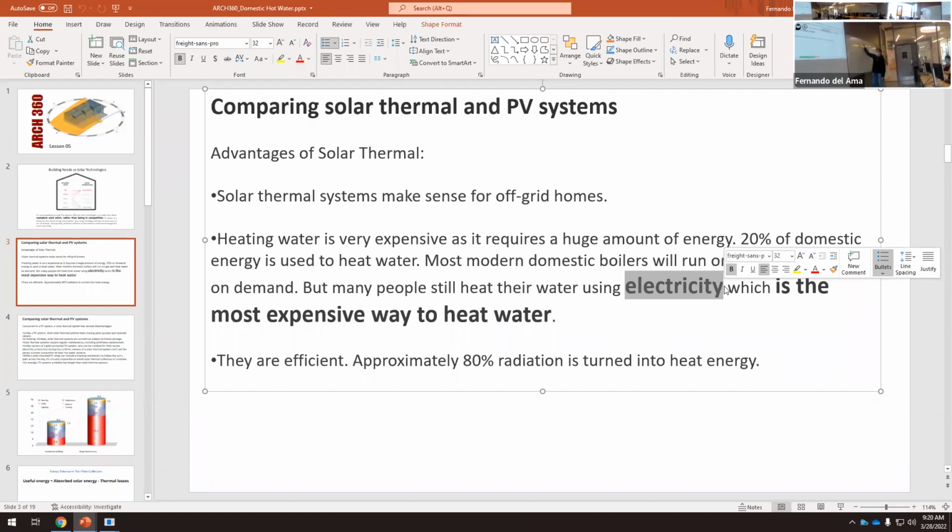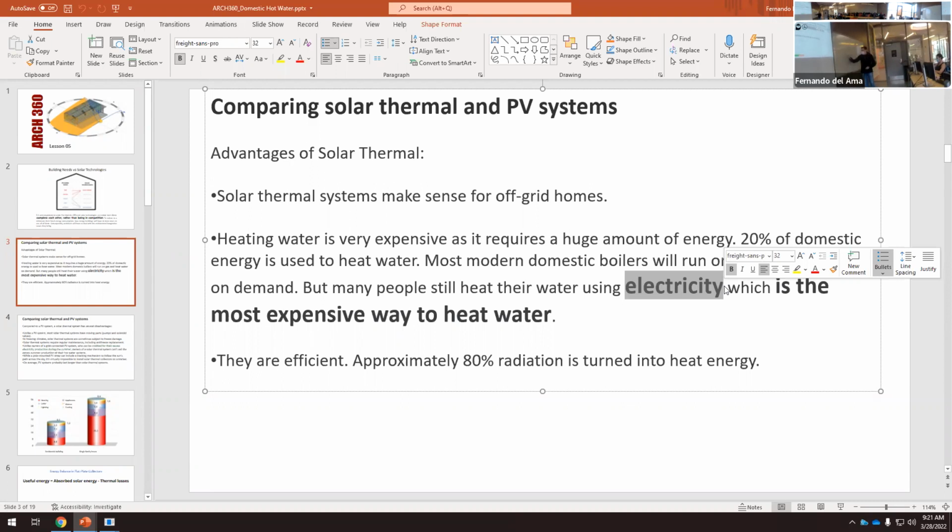Well, for free: we have to pay the price of the solar collector. Solar collectors for hot water are quite cheap, and the installation is not difficult. We have problems with freezing and all that, but it's quite cheap. And once we have all the installation there, generating hot water is for free.